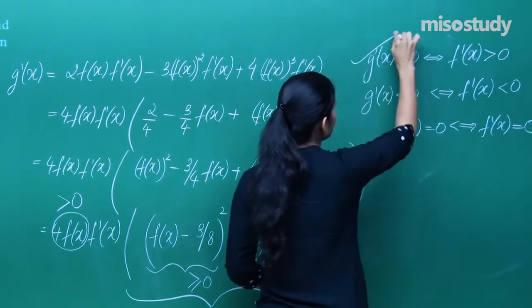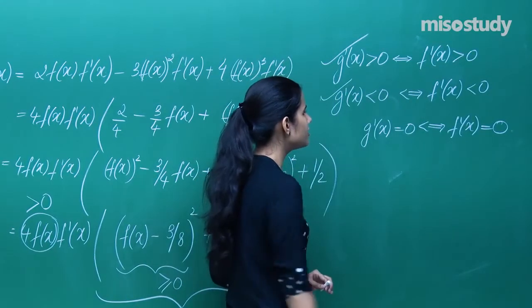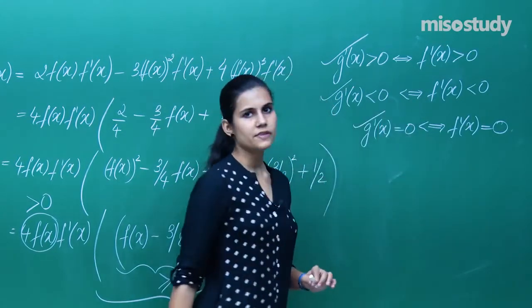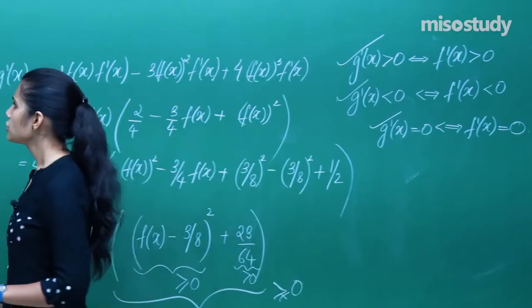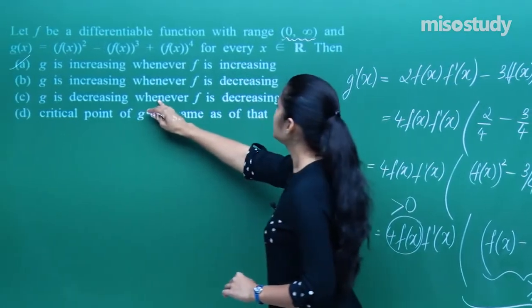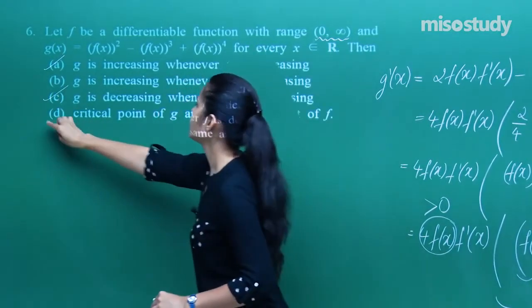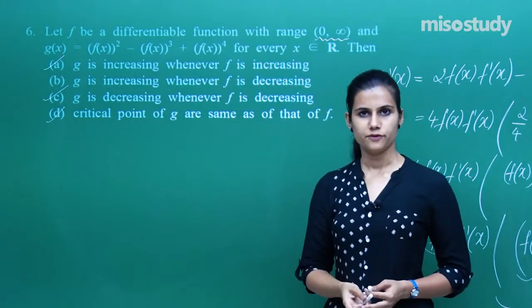So this means whenever f is increasing, then g will increase. Whenever f is decreasing, then g will decrease. Whatever are the critical points of f, same are the critical points of g. So my answer is g is increasing whenever f is increasing, g is decreasing whenever f is decreasing, and critical points of g are same as those of f.